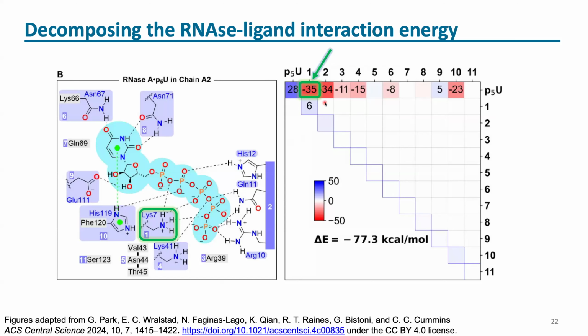So as an example, a very important interaction is that of the oligophosphates with lysine, which in the case of P5U is the strongest interaction between the inhibitor and a residue in the active site.